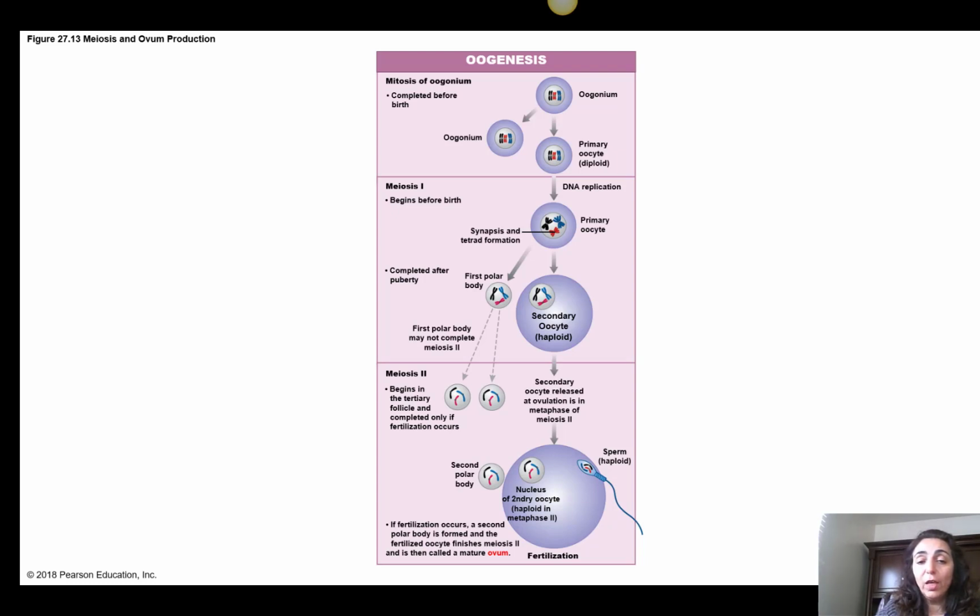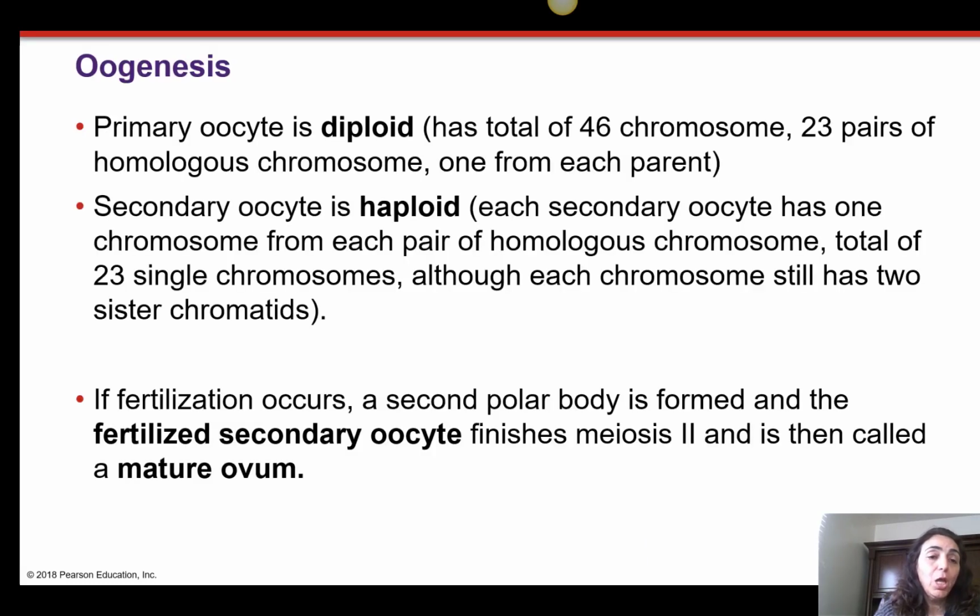In meiosis 1, we have one pause. In meiosis 2, we have another pause that we're going to talk about. Now, the primary oocyte is diploid, as we discussed, with a total of 46 chromosomes, 23 pairs of homologous chromosomes, one from each parent, right? That's the definition of homologous chromosomes.